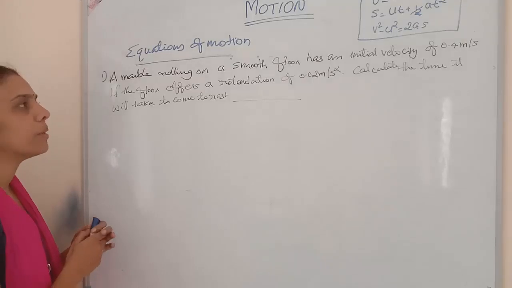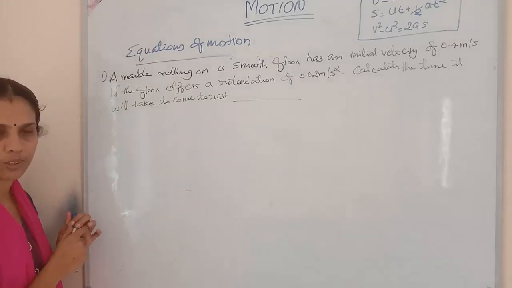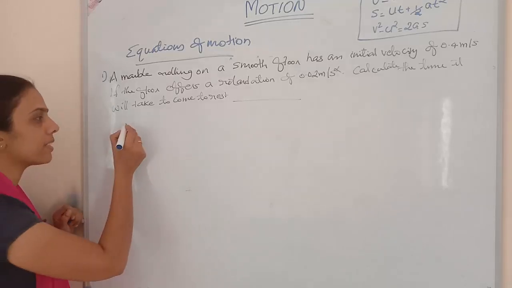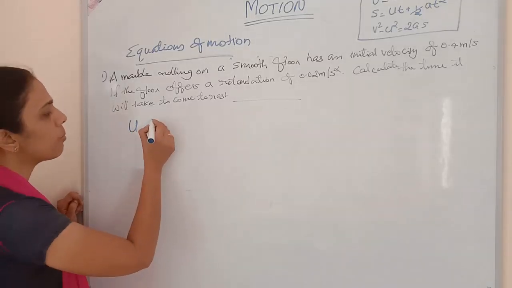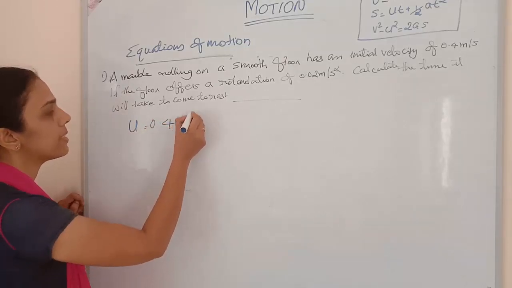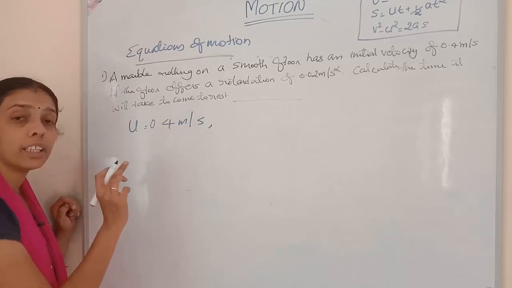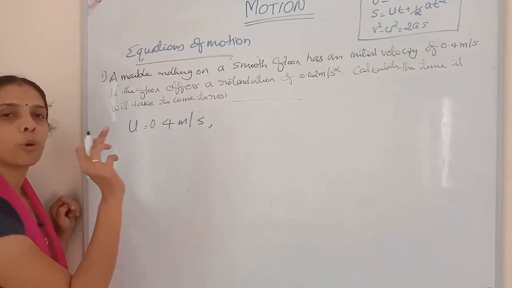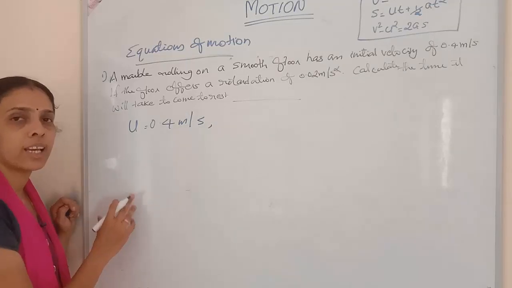Okay, the marble rolling on a smooth floor has an initial velocity. So what is the representation of initial velocity? U. It is 0.4 meter per second.